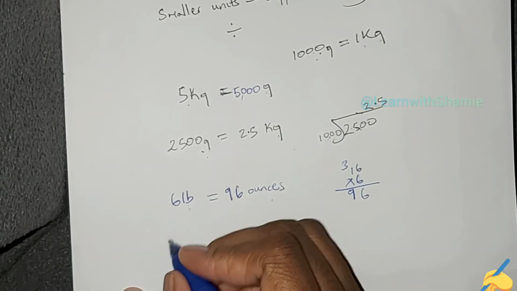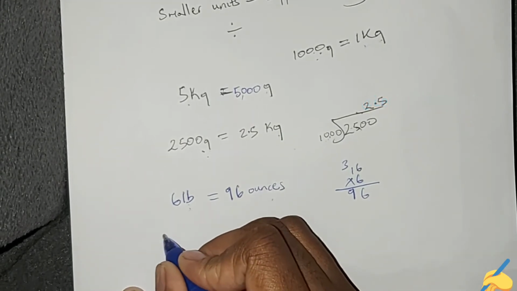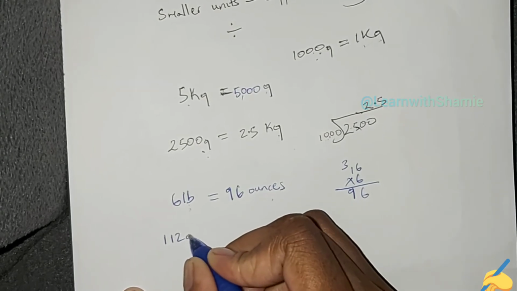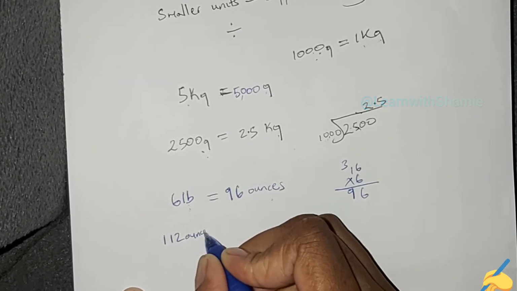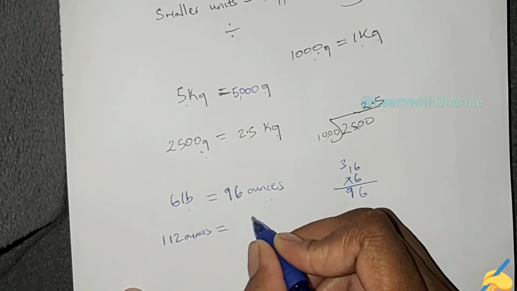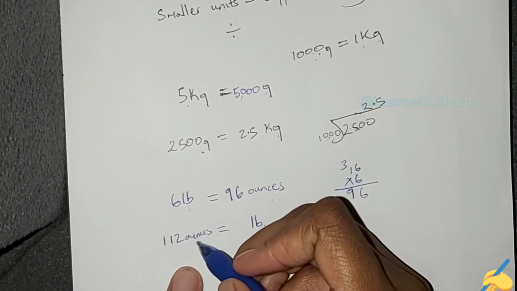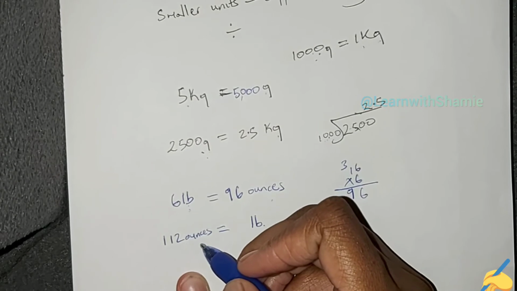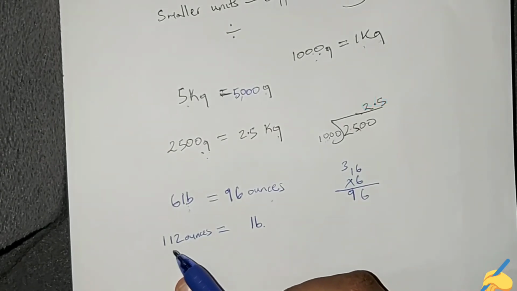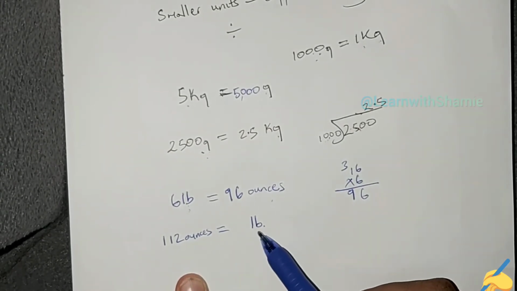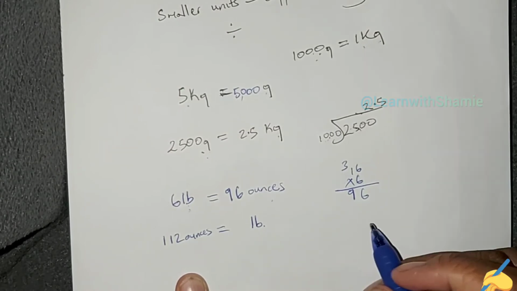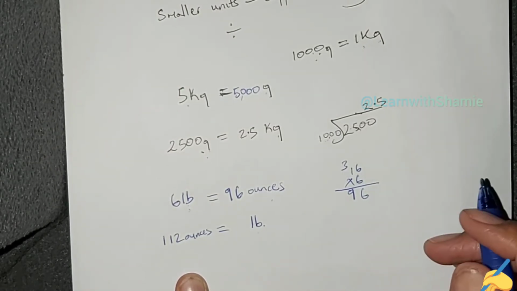Converting from ounces to pound. So for example, we have 112 ounces. We're going to find out how much pound we can get out of 112 ounces. So we're going to convert from a smaller unit to a larger unit. So we are going to divide.